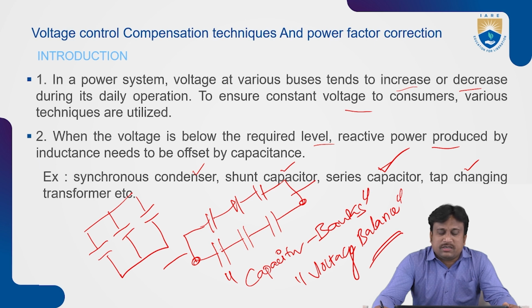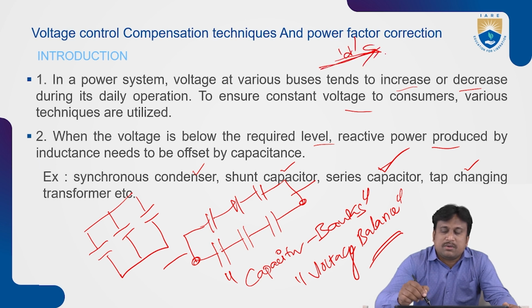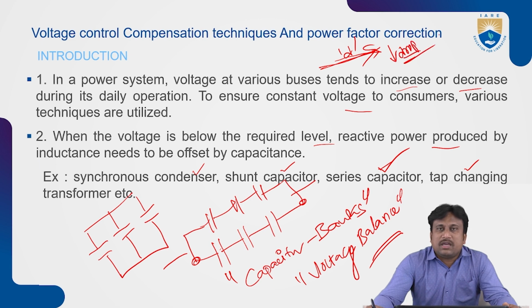When the line carries the power a certain distance, there may be a drop in the line. This can be overcome by providing tap changing transformers, which can regulate the voltage to a suitable extent.